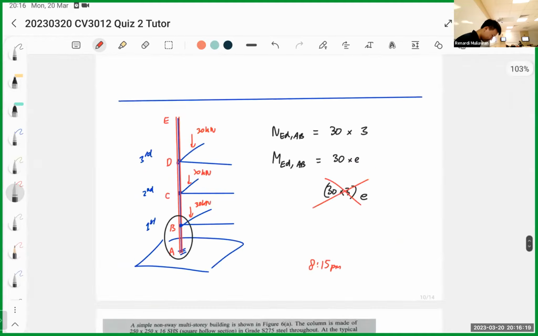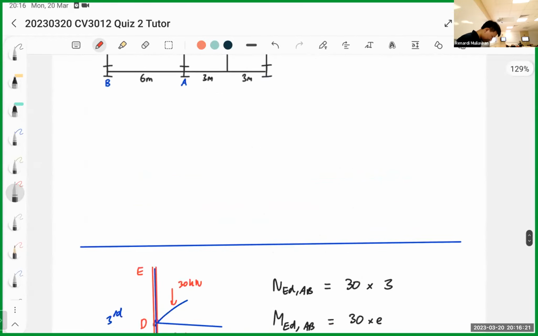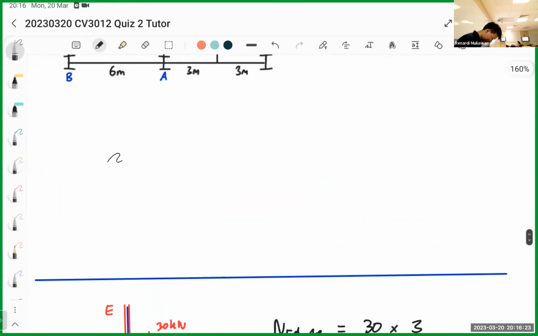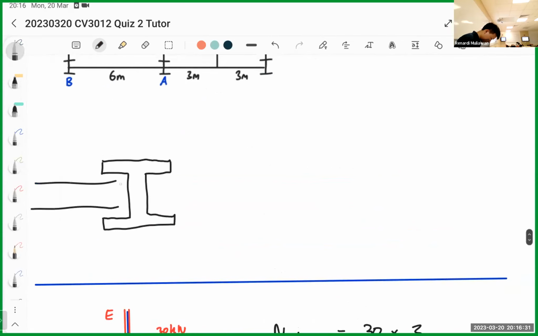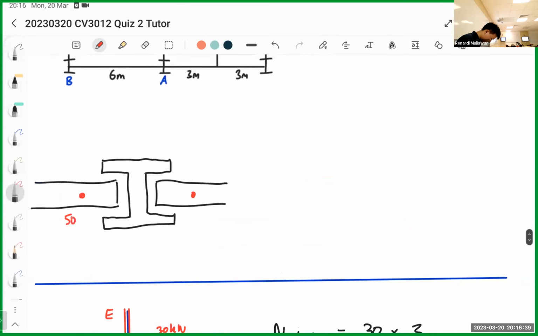Okay, so let's say for something like this, you have this, you have this, and like this, 50 kilonewtons, 30 kilonewtons.